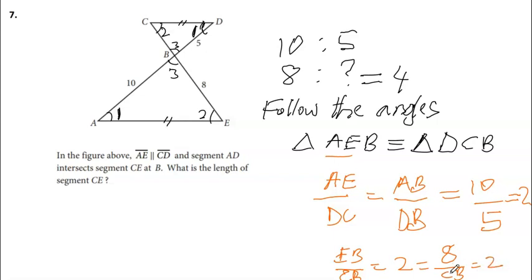So CB is going to be 4. So 8 divided by 4 is going to be 2. I took the time to explain this because similar triangles are very easy to do as long as you follow this rule. Follow the angles. And it applies to all similar figures. All right, let's go to the next one.